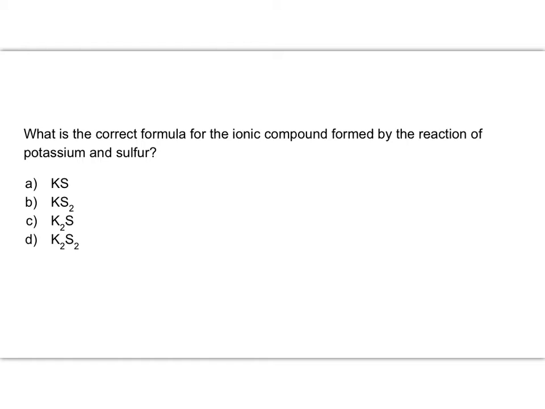What is the correct formula for the ionic compound formed by the reaction of potassium and sulfur? So just like we had earlier, the key here is first identify your ions. So potassium, sulfur. Potassium is in group 1, so it'll have a charge of +1. Sulfur is in group 16, so it'll have a charge of -2 when it forms an ion.